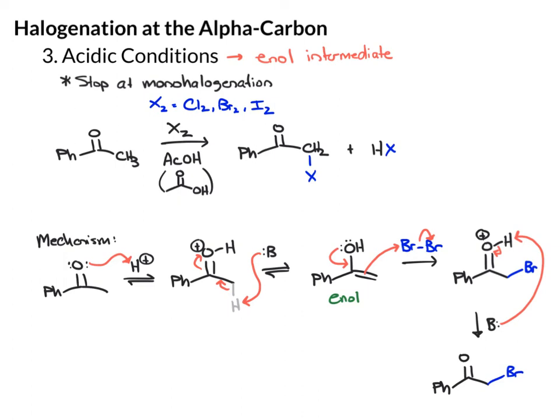If you want to end up with the actual HX product, what you could use as the base in this step could be the bromide that you lost up here. But I like to keep it generic and just use a B with a lone pair to say anything with a lone pair in the solution can come in and do that step.